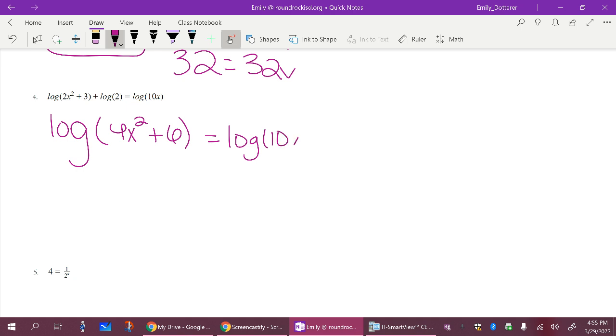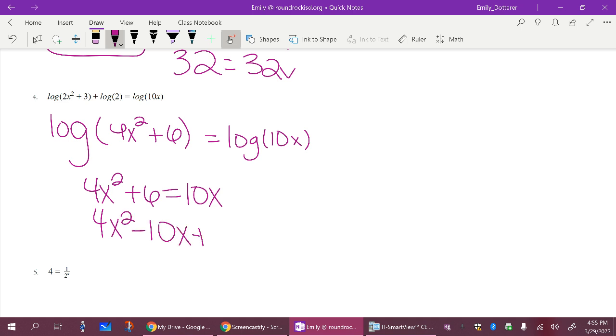And then by the equality property, we can set the arguments equal to each other. Move the 10x over, and now we can factor.